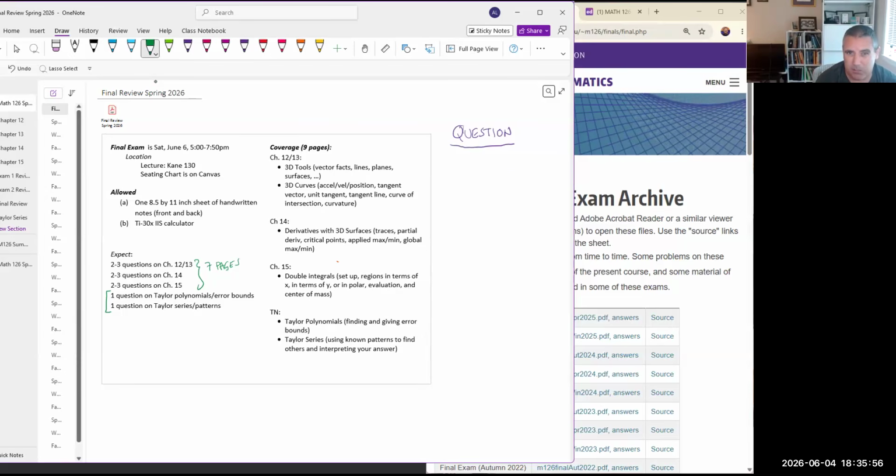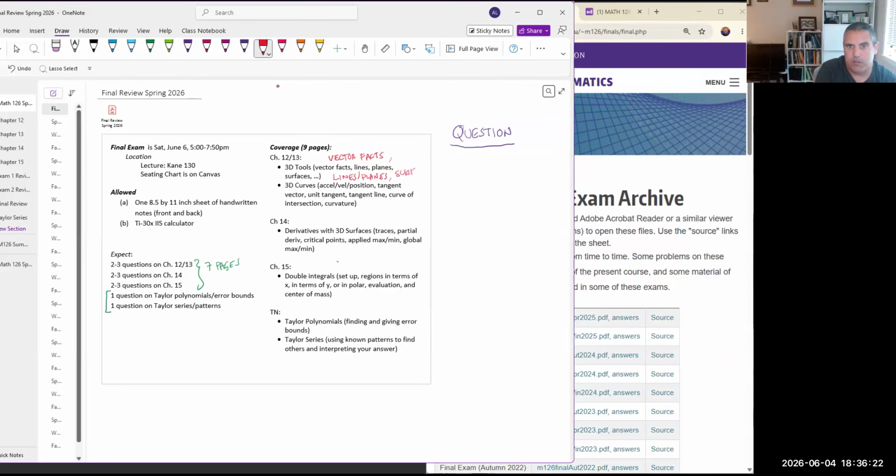So, at any point, I can kind of stop and give a recap. But things I'm thinking of are, do we know our vector facts? Things related to cross products and dot products and angles. Do we know how to find lines and planes? Occasionally, there's something small about surfaces.